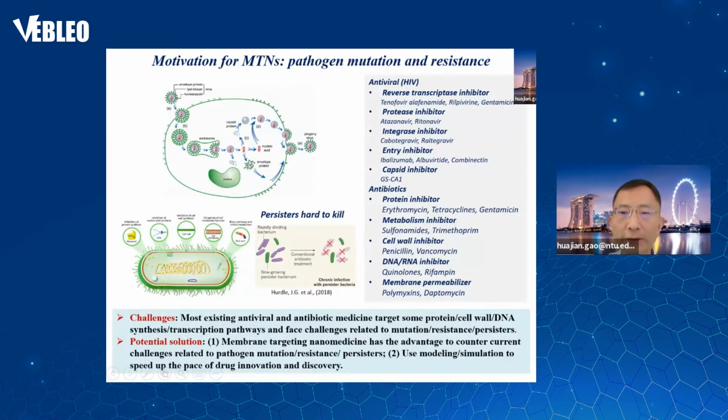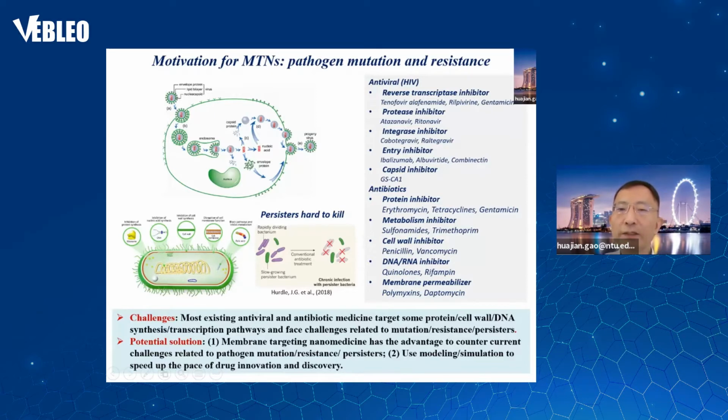Let me briefly say why we're studying membrane target nanomedicine. I list existing antiviral and antibiotic medicines on the market in the right panel here. Most of these existing medicines target some kind of protein, cell wall, or DNA synthesis and transcription pathways.